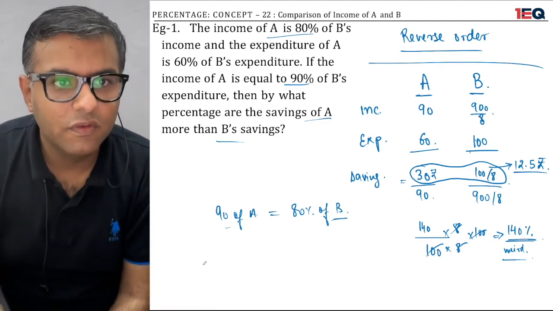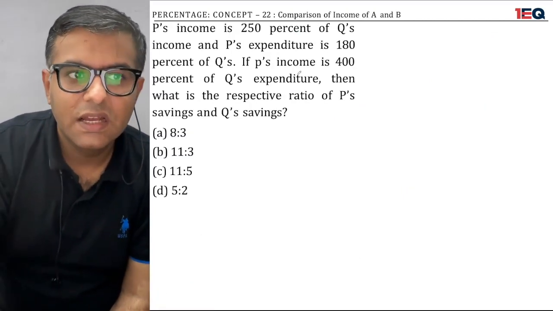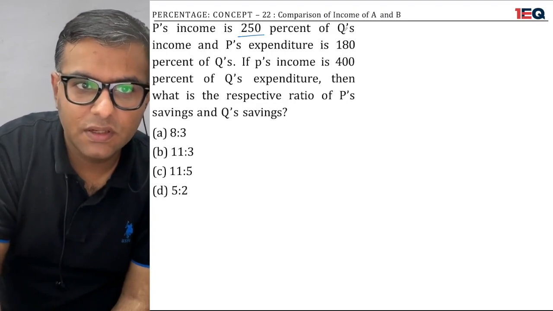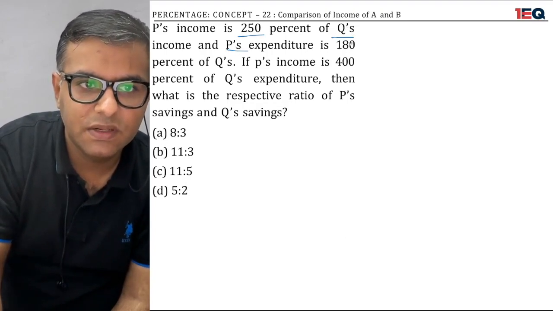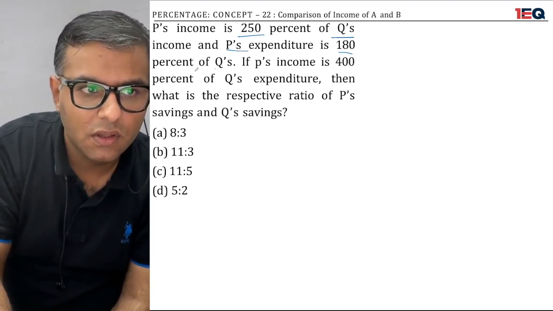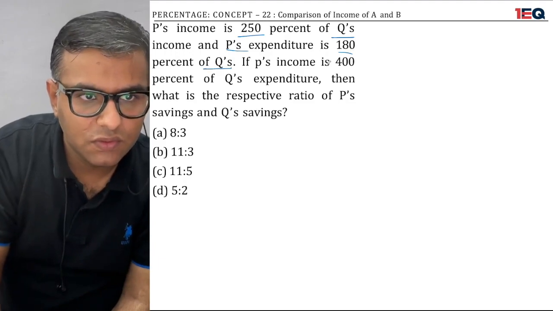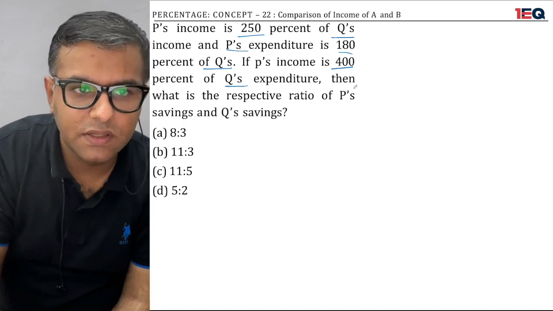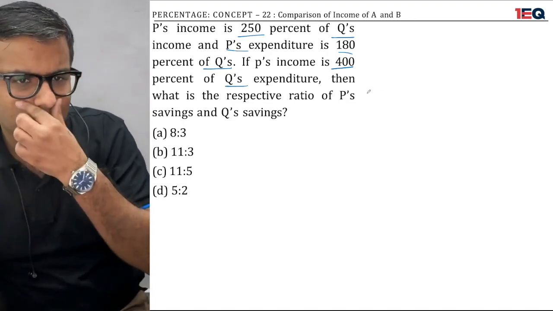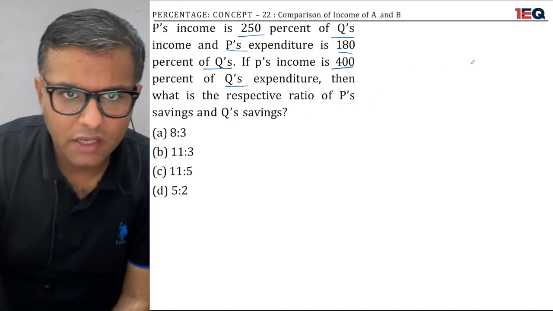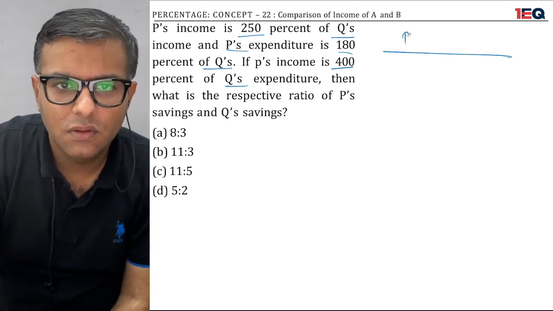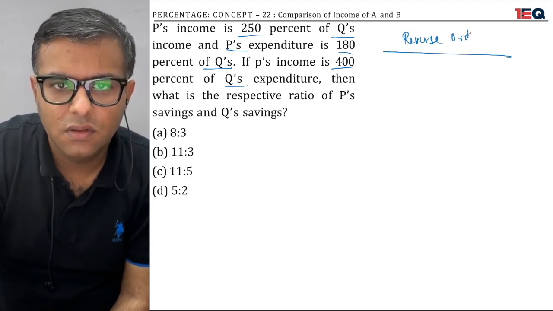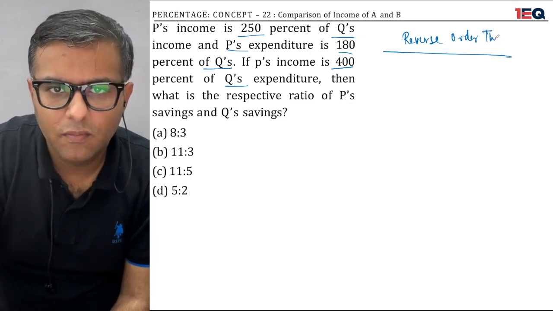Okay, moving on. P's income is 250% of Q's income and P's expenditure is 180% of Q's. If P's income is 400% of Q's expenditure, then what is the respective ratio of P and Q's savings? Again, reverse order thinking.